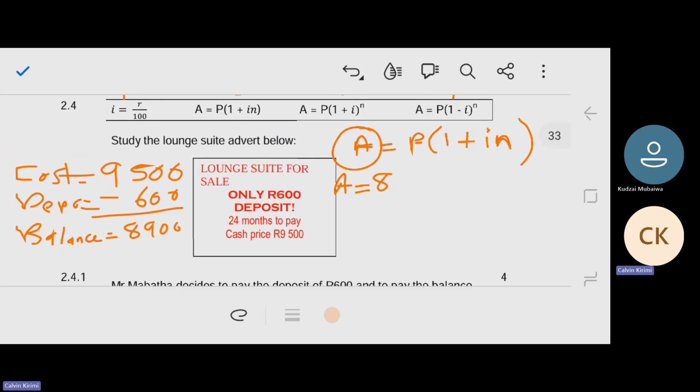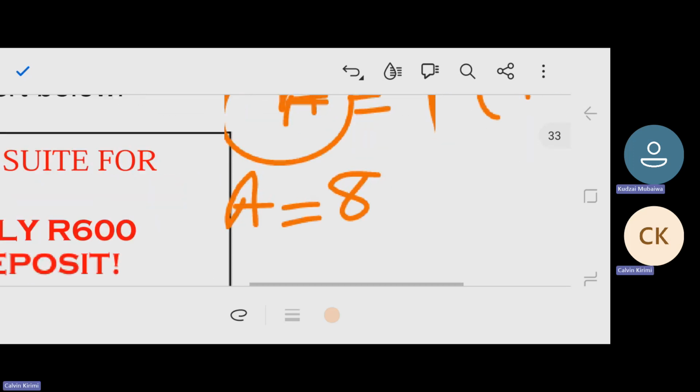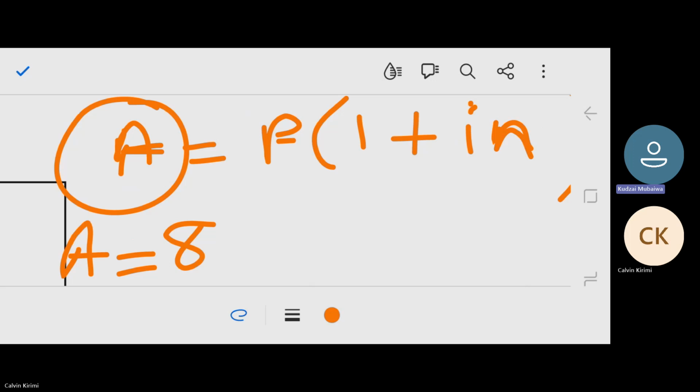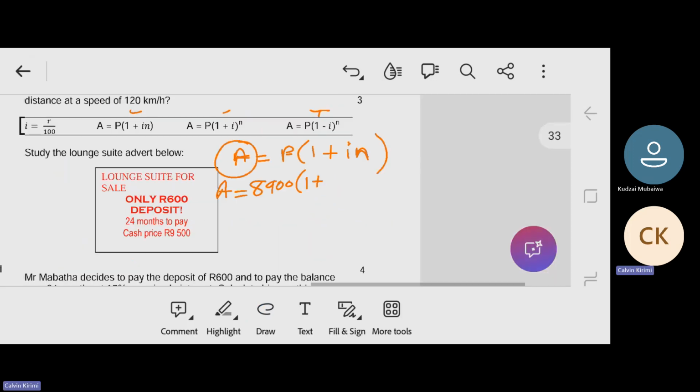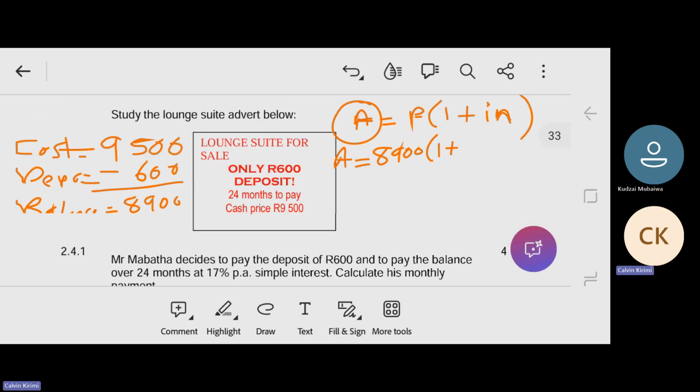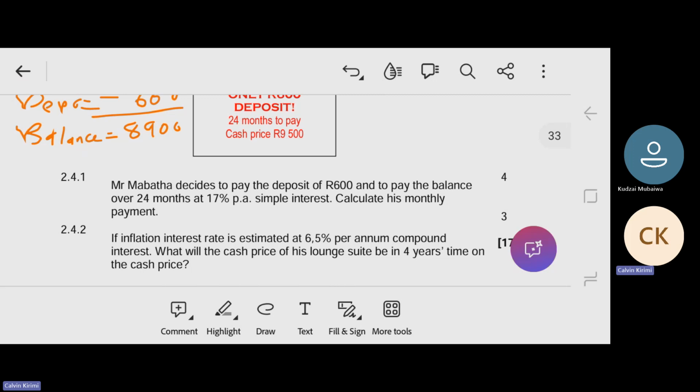This is the amount which I'm owing. Bracket 1 plus. The interest is for when? Interest is per annum. 17% simple interest per annum, isn't it? Yes, sir. So what do we do there?